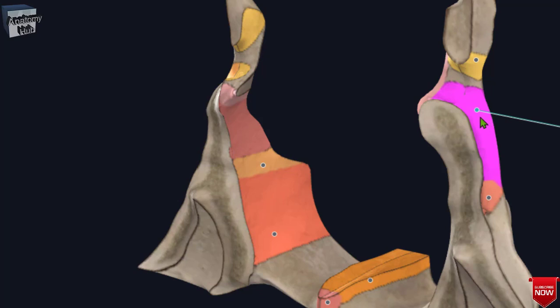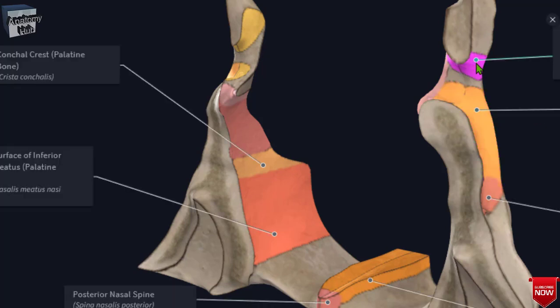So the lateral surface of this palatine bone is located on the posterior part of the perpendicular plate of this palatine bone, and it is directed posterolaterally, and it forms part of your infratemporal fossa.